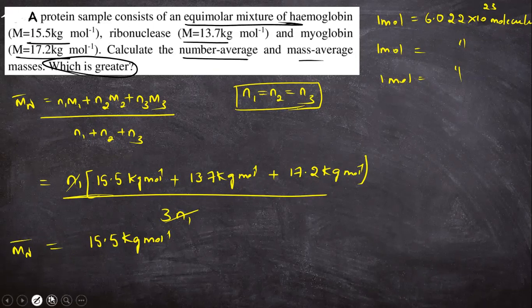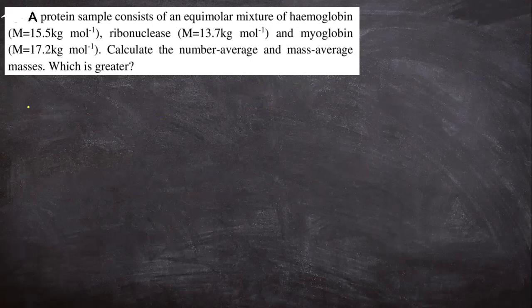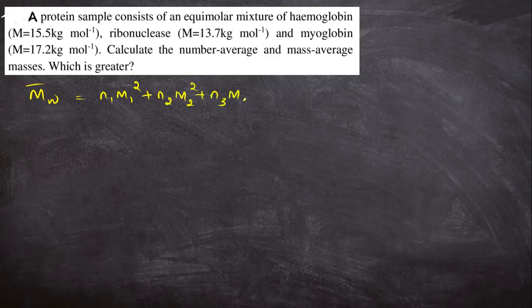Similarly, we can calculate Mw. The formula for that is N1 M1 square plus N2 M2 square plus N3 M3 square, divided by N1 M1 plus N2 M2 plus N3 M3. Try to solve it on your own, it will be practice for you. As I am solving here, simultaneously solve on your own.